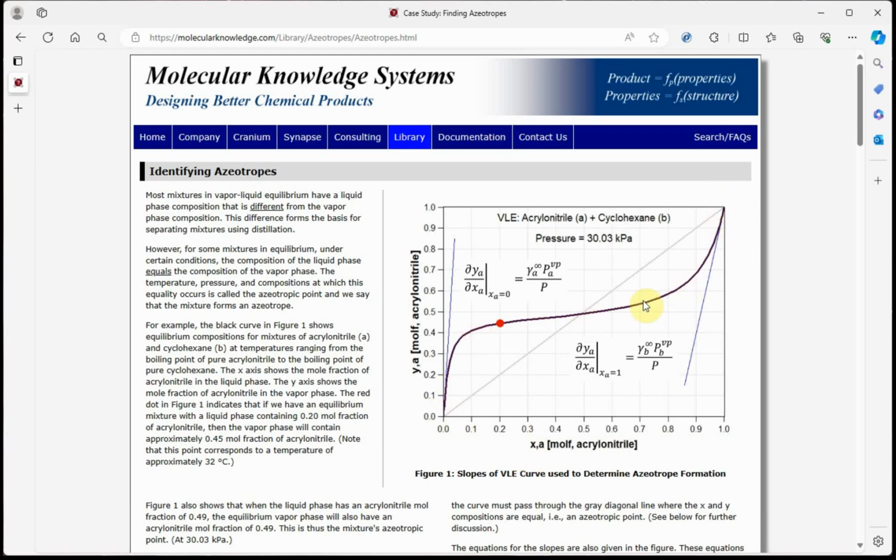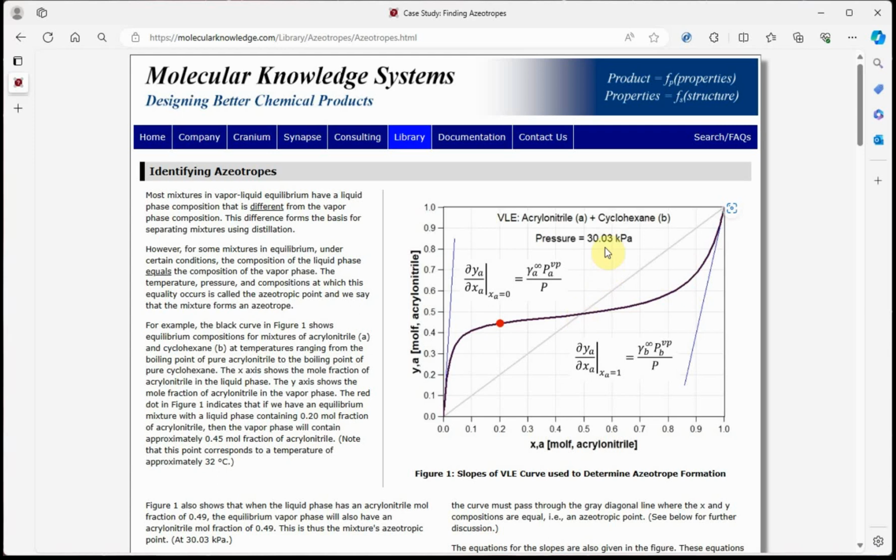We see that this equilibrium curve crosses the 45-degree diagonal line. At this crossing point, the composition of acrylonitrile in the liquid phase equals the composition of acrylonitrile in the vapor phase. This is the azeotropic point for this mixture at this pressure.